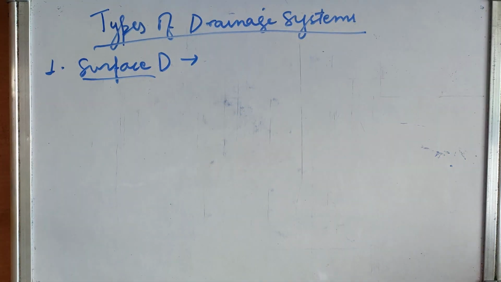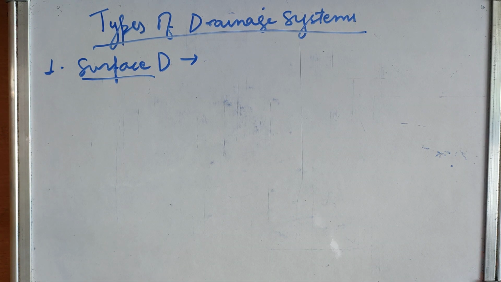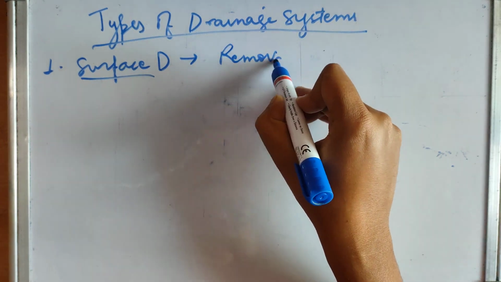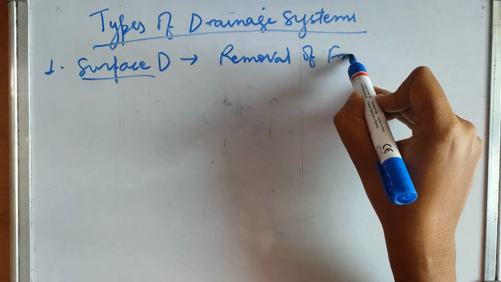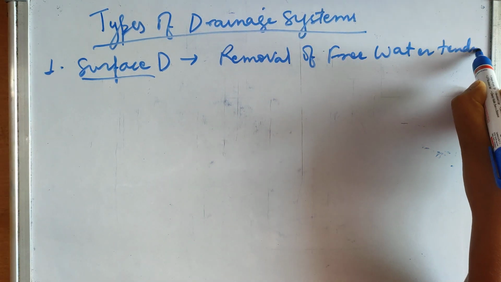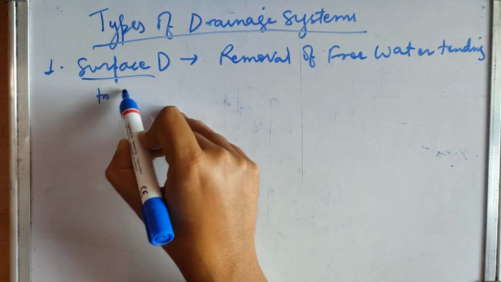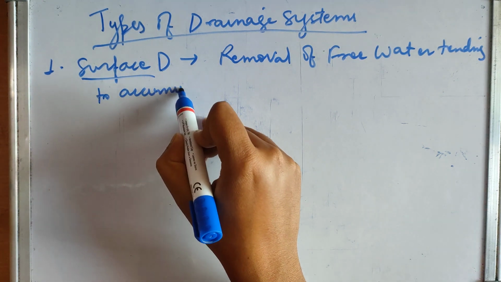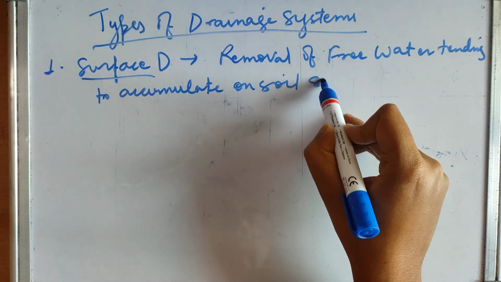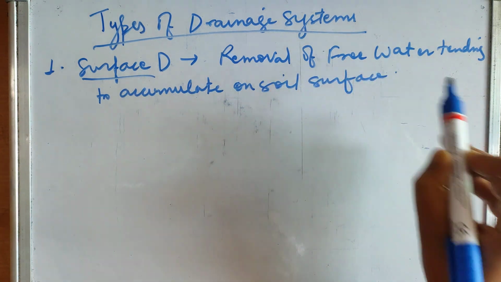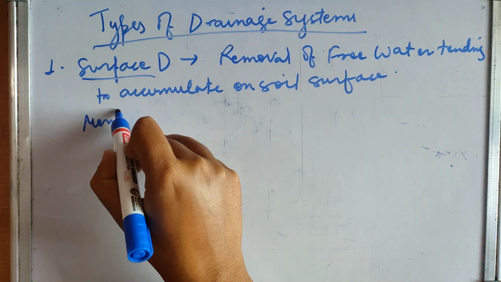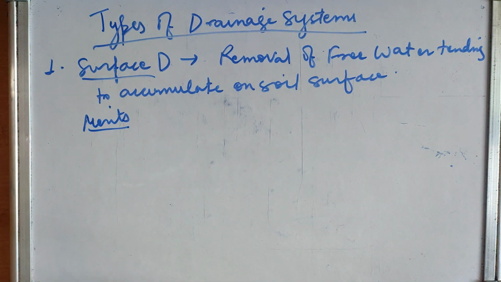It is removal of free water tending to accumulate over the soil surface, and it has many merits. The first merit is that it is cheap.